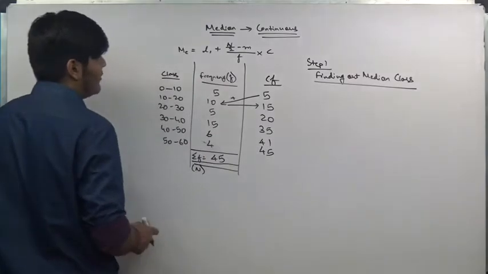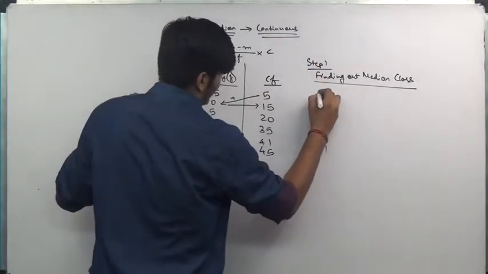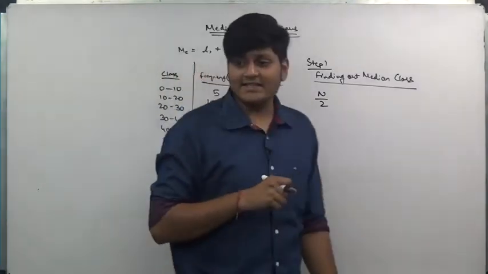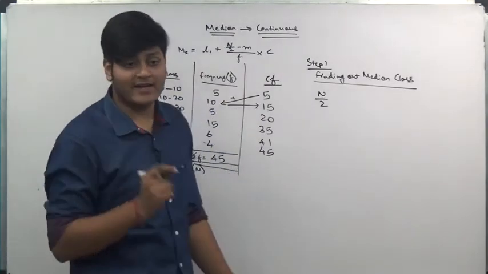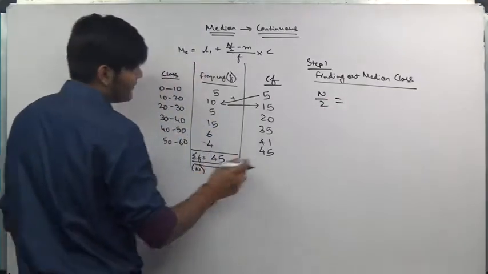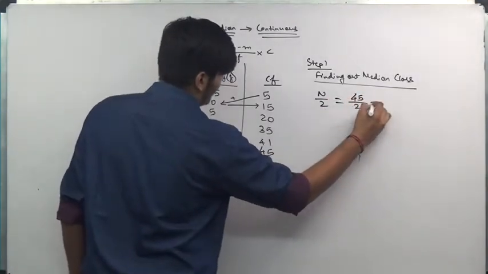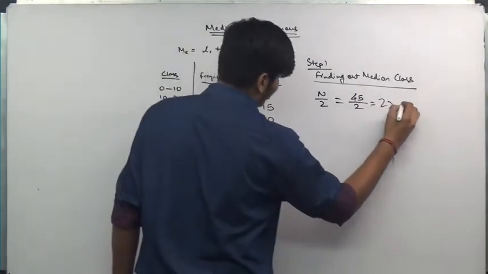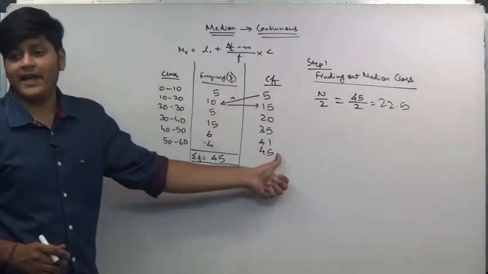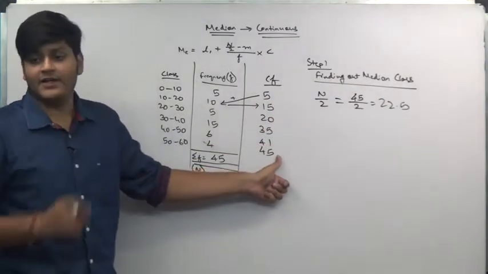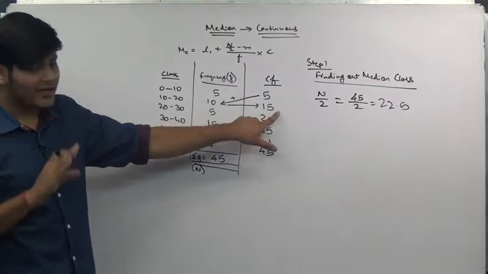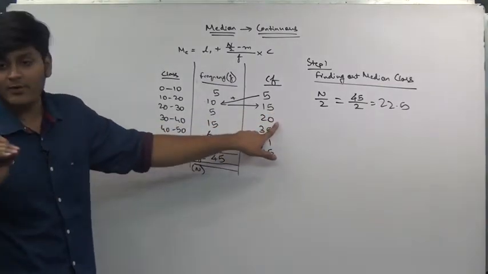How do you find out the median class? N by 2. In individual and discrete series we did n plus 1 by 2, that was the final answer. Here it is just the median class. How much is n? 45. 45 divided by 2, how much are we getting? 22.5. Now, under which particular cumulative frequency can you fit 22.5? 5 is lesser than 22.5, not happening. 15 not possible. 20 not possible.